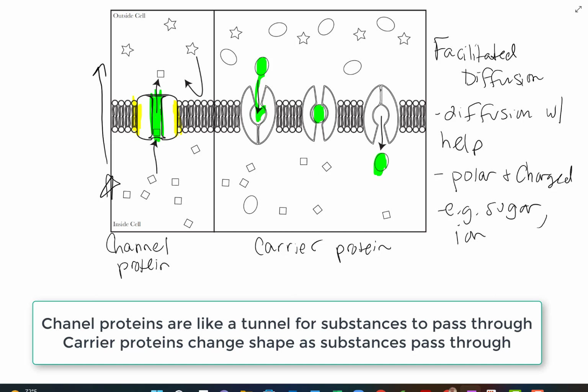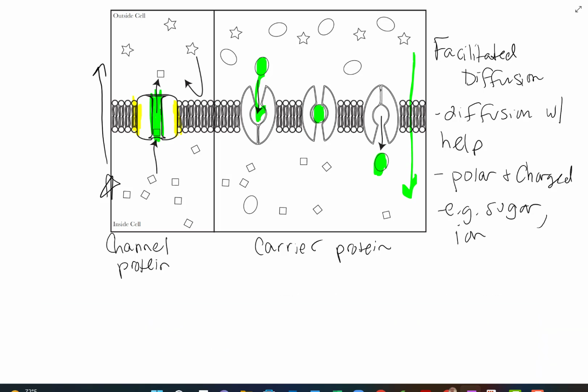We're still moving the little circles here from an area of high concentration to an area of low concentration. We're just doing it with the help of a carrier protein, which changes shape after it interacts with the particular molecule that is passing through it.